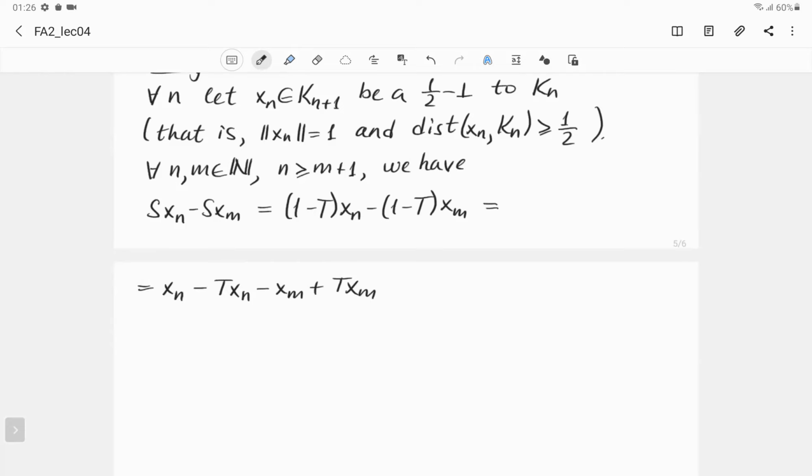Okay, now let's observe that T of xn sits in Kn, because xn sits in Kn plus 1. And xm, well, xm sits in Kn plus 1, and Kn plus 1 is contained in Kn, well, because of this inequality.